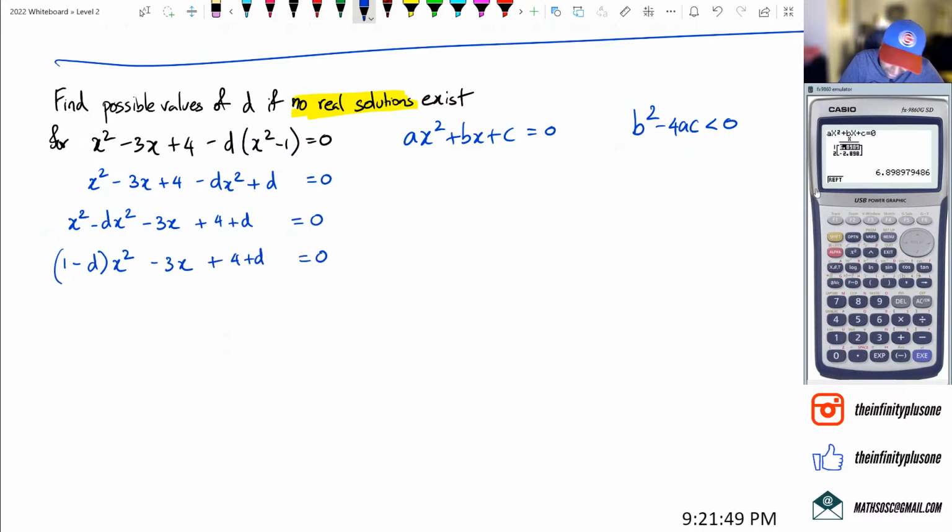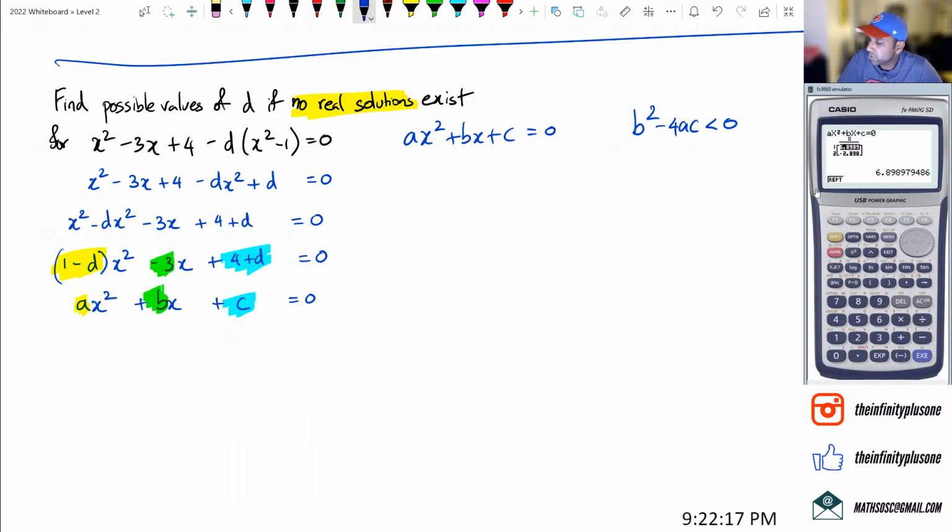Now remember, this is written in the format of a quadratic. So we've got ax squared plus bx plus c equals 0, with the a value being 1 minus d, the b value being minus 3, and the c value being 4 plus d. All right, so with that in mind, we also know that we've got no real solutions.